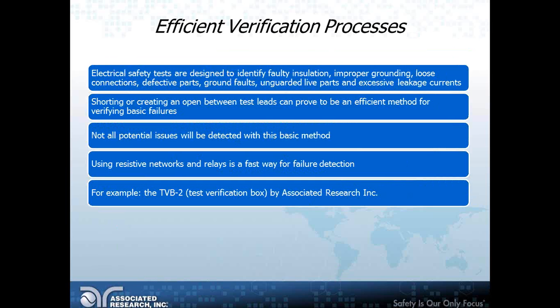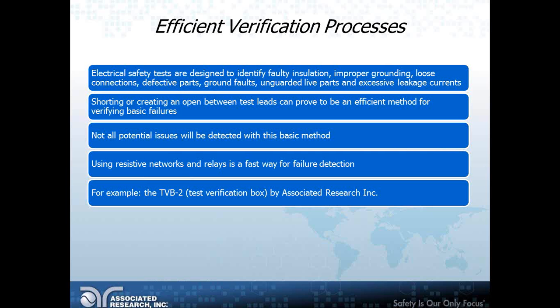Here are some efficient verification processes that we're going to lay out for you. Basically, electrical safety tests are designed, as we all know, to identify faulty insulation, improper grounding, loose connections, defective parts, ground faults, unguarded live parts, and excessive leakage current.